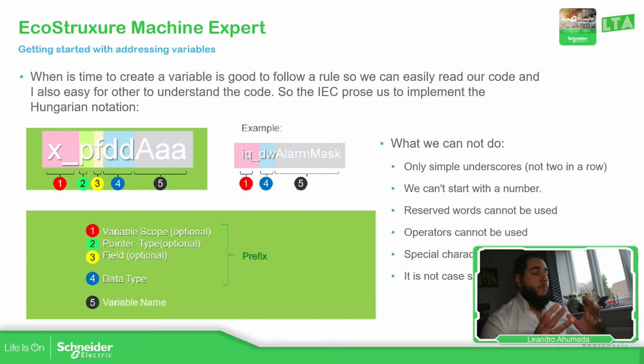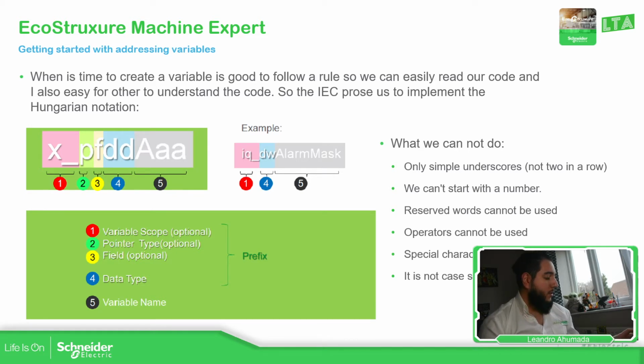In order to address the variable, we need to first define the variable name, which is this part, and then we need to define the type. If we know the type, we should be able to predefine and have a better name for the variable. Once we have all this, we should be able to define the variable address.